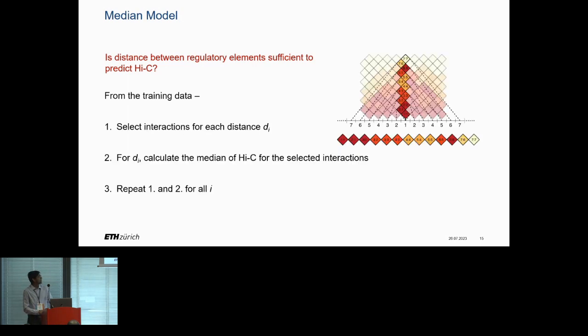We take our training data, we select all the interactions that have open regions as endpoints, and filter them based on different distances. For a given distance d_i, we then select the interactions that are distance d_i away and take the median of those interactions. And we do this for all distances that we have in our training data. Then for the test data, all we need to do is look at the distance between the two elements of interest and assign the prediction based on the median value that we obtain here.